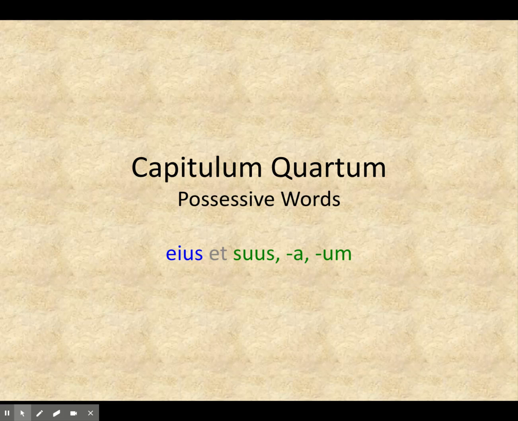And I want to know who possesses the item in the sentence. So every situation will have a main person we're talking about and an object that we're talking about. So we want to know who the subject of the sentence is, and we want to know who the possessor of the object is. In other words, whose object it is.